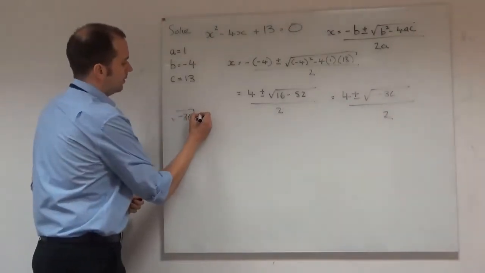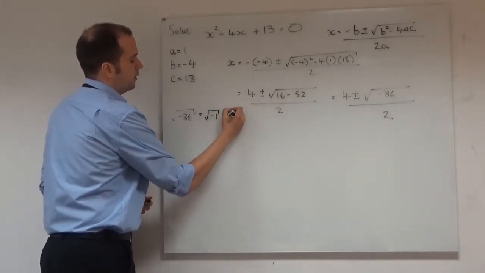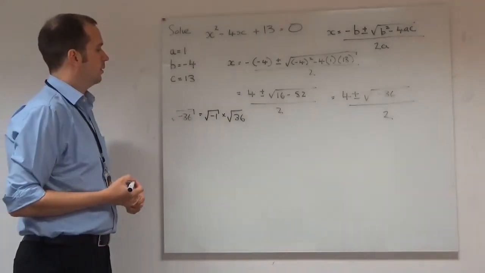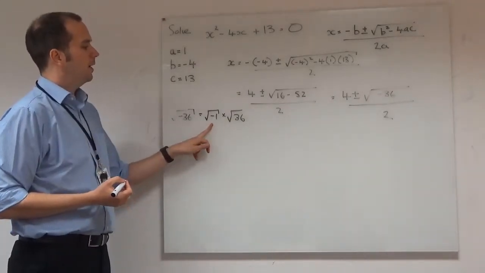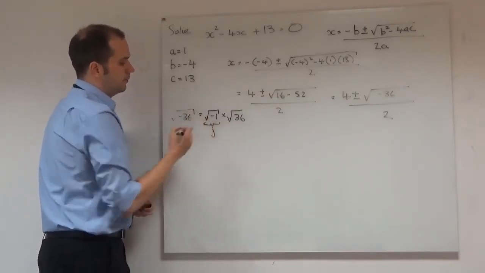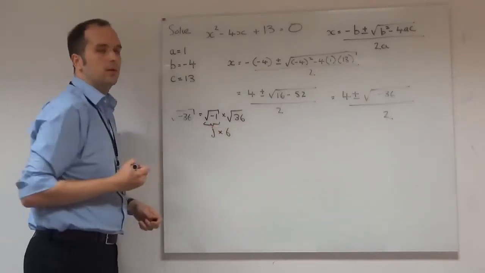We can say this is the square root of minus 1 multiplied by the square root of 36. Well, the square root of minus 1, you should recall, is j. And the square root of 36, well, that's just 6.